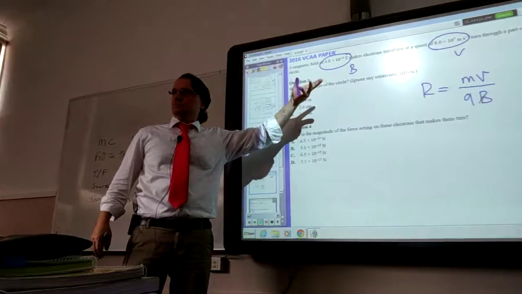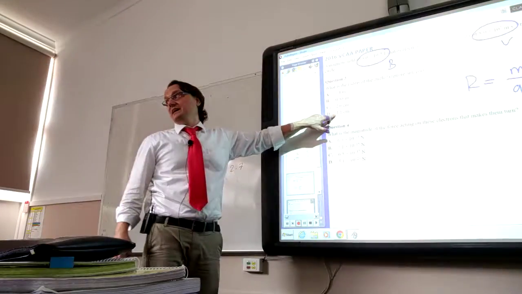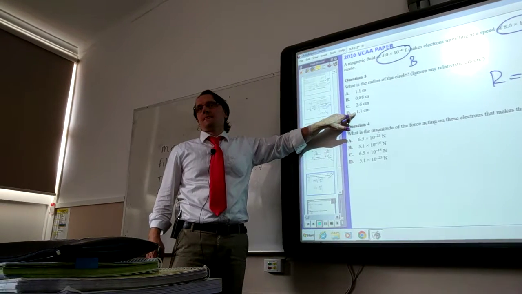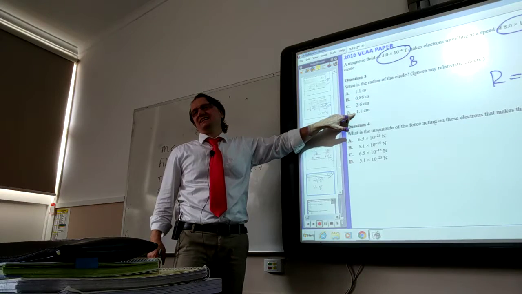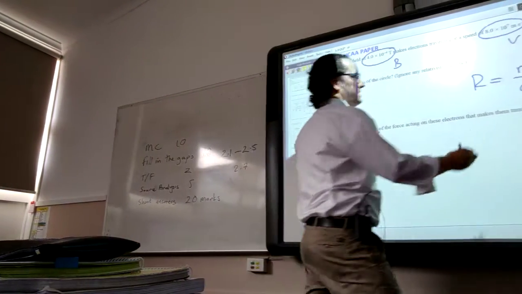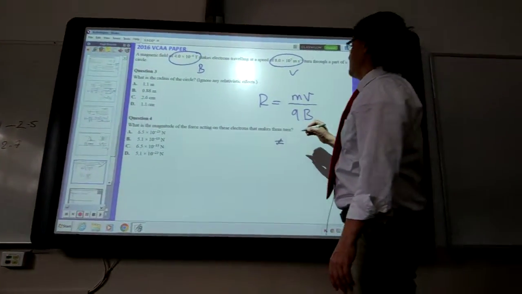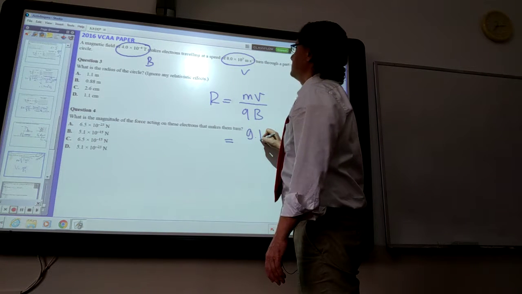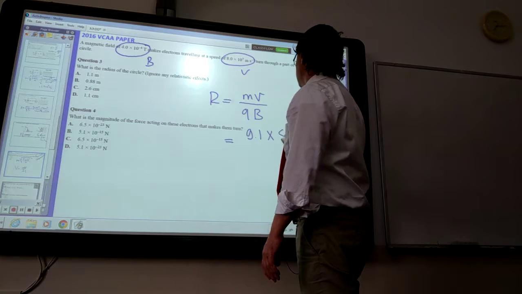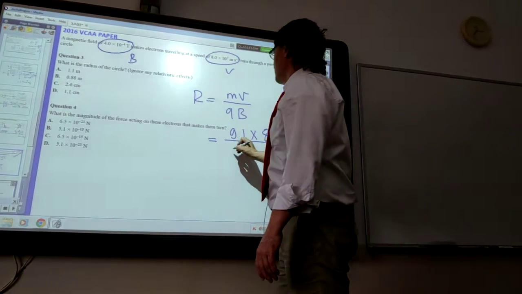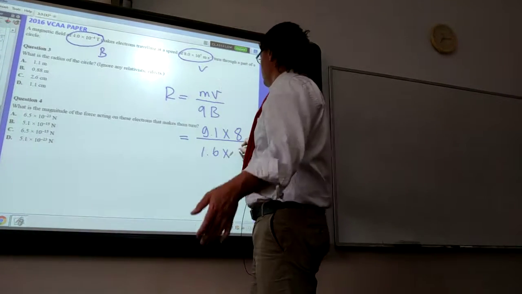Can I use my shortcut method? Yes, I can. There's 1.9 and 1.9. Careful, when I use my method, 9.1 is the mass, velocity 8, divided by q 1.6, and magnetic field 4.